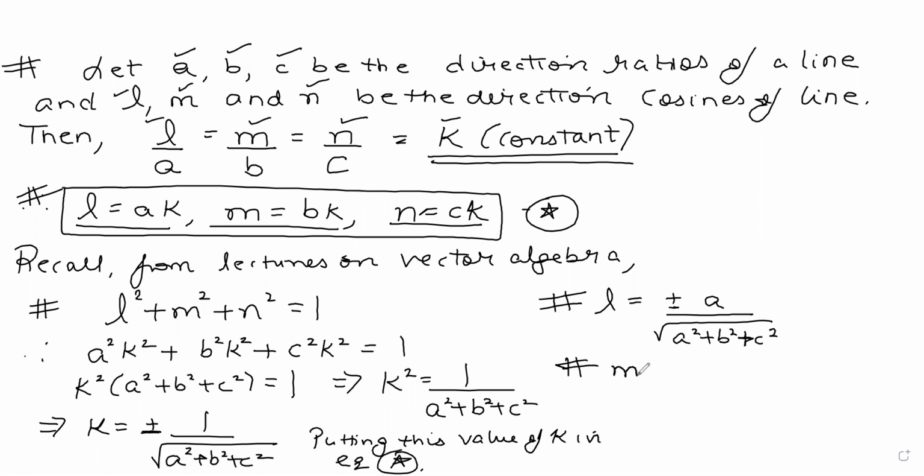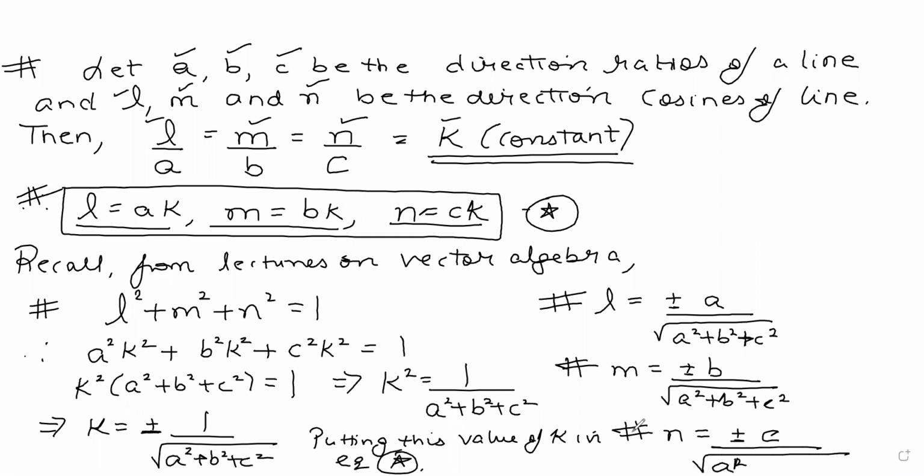M is equal to plus minus B upon under root A square plus B square plus C square. And N is plus minus C upon the square root of A square plus B square plus C square.